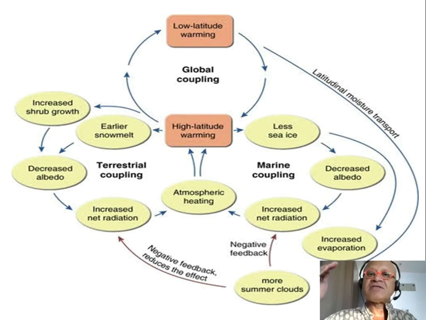Or if the sea ice forms, if it doesn't melt through the summer, then it can reflect more, and more sea ice can form in the next season, right? Next winter. So that cycle can be altered as well when you have high latitude warming. Not just sea ice loss, but also snow melt can happen earlier, which can decrease the albedo.